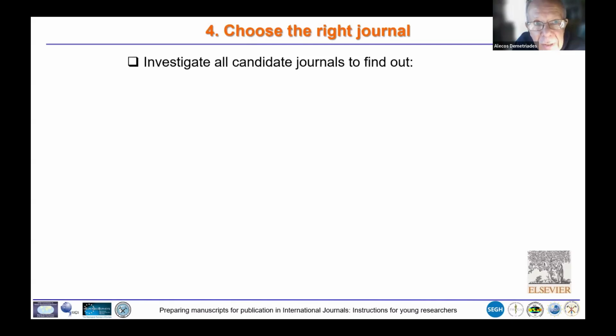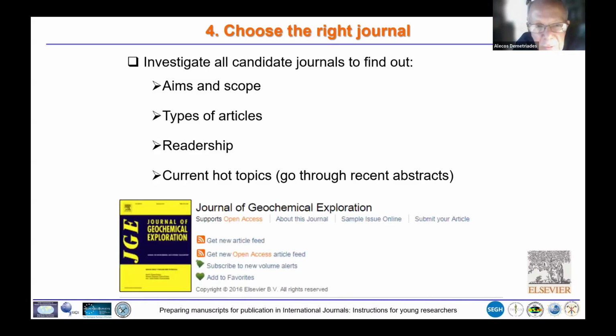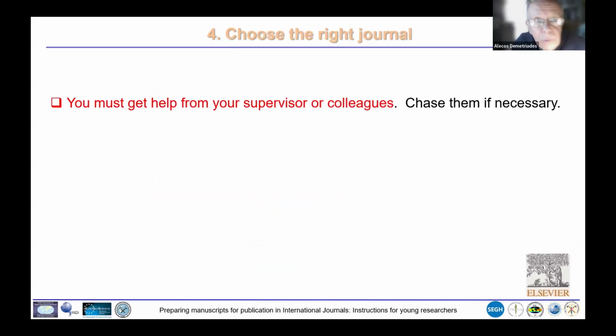Choose the right journal. Investigate all candidates to find out aims and scope, types of articles, readership, current hot topics, and go through the recent abstracts. For example, I usually publish in the Journal of Geochemical Exploration because I know it better. You must get help from your supervisor or colleagues.